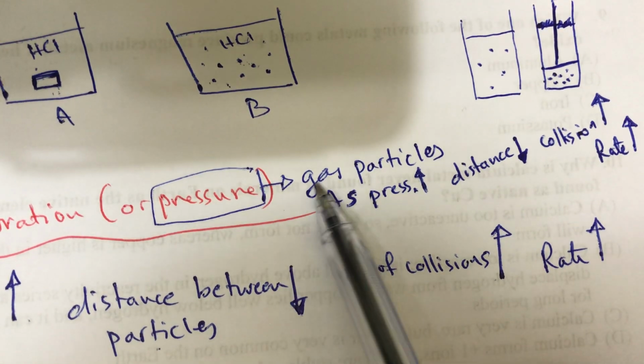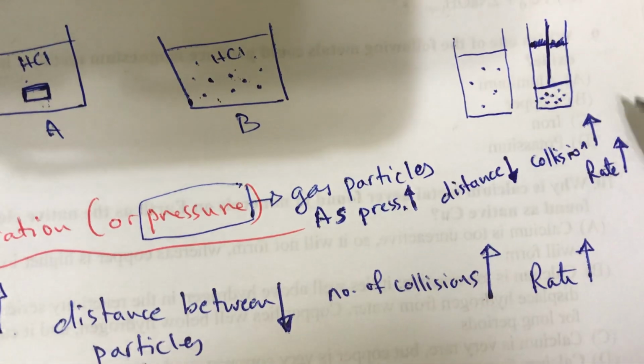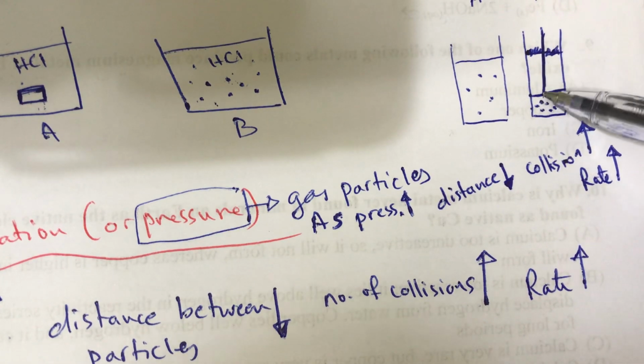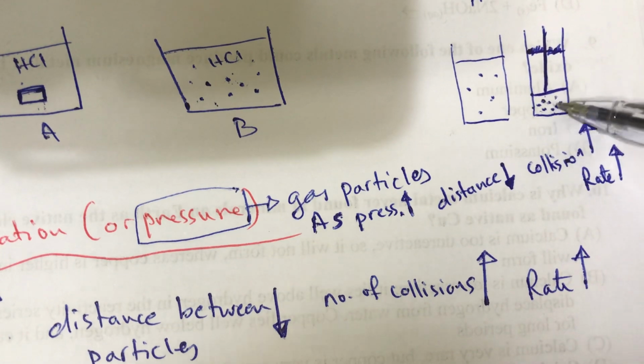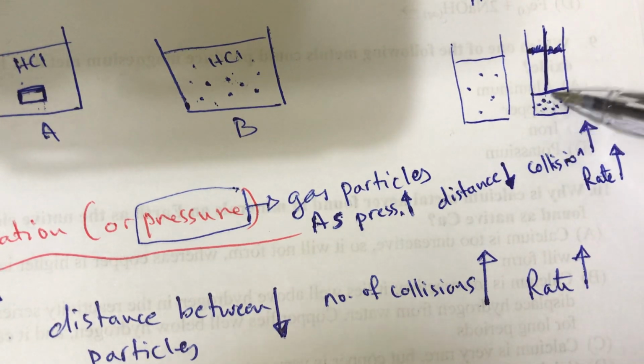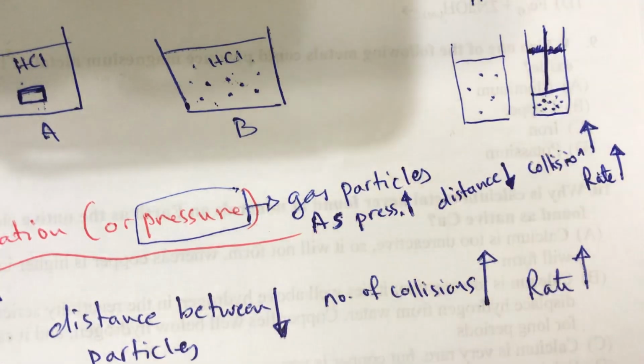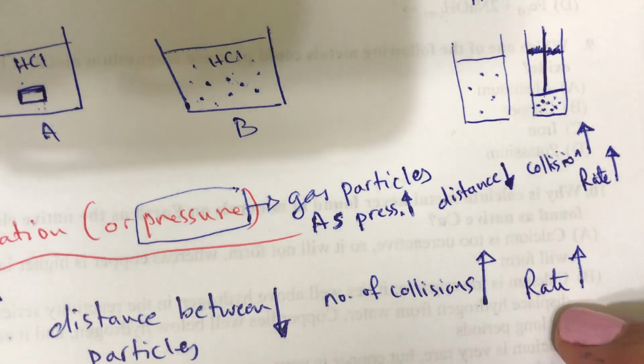It just affects the gas particles. As the pressure increases by decreasing the volume, distance become closer to each other, so collisions between them increases, so as collisions increases, the rate of reactions increases.